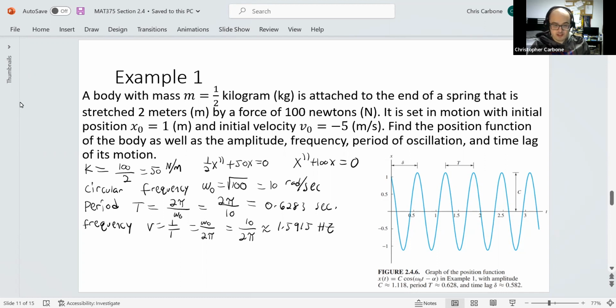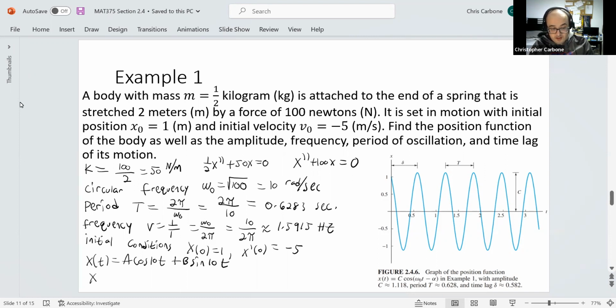So based on our initial conditions, x of 0 is 1, and x prime of 0 is negative 5. So we could then produce ourselves our general solution to be x of t is equal to a times the cosine of 10t plus b times the sine of 10t.